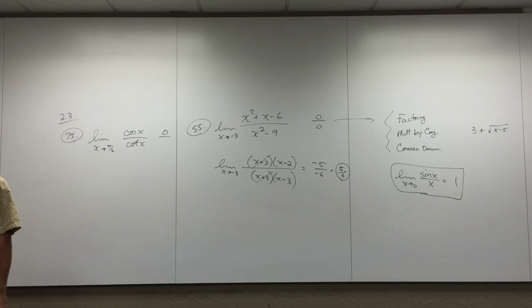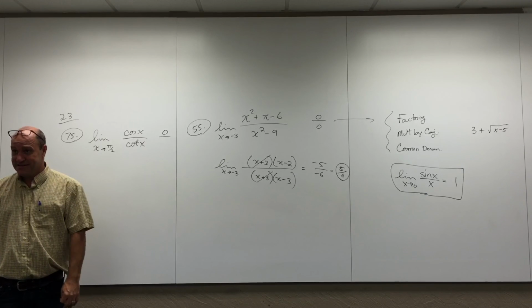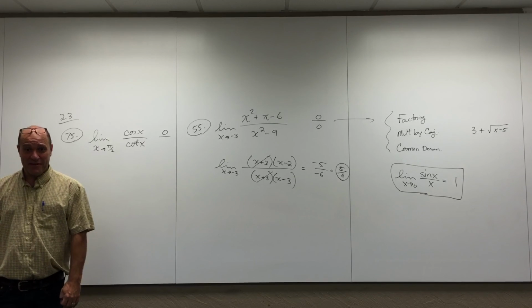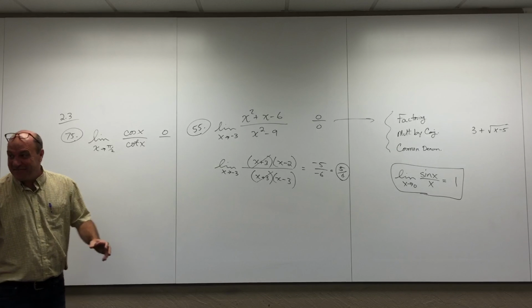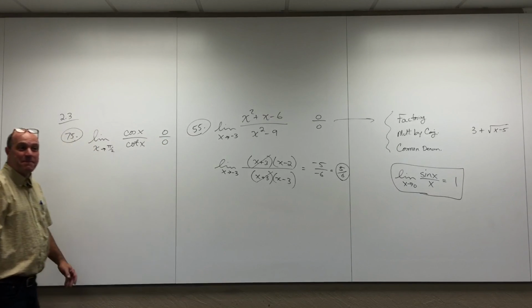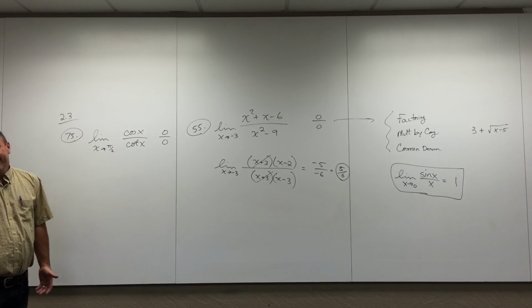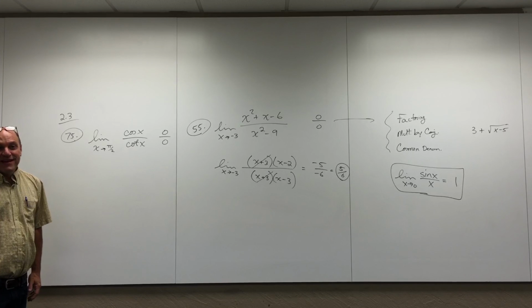Tangent of 90 is undefined. So I think the cotangent is the reciprocal of undefined. Do you know what the reciprocal of undefined is? 0, I think. That's kind of a weird way to talk, but I think that's a 0. So cotangent. There's a lot of ways.